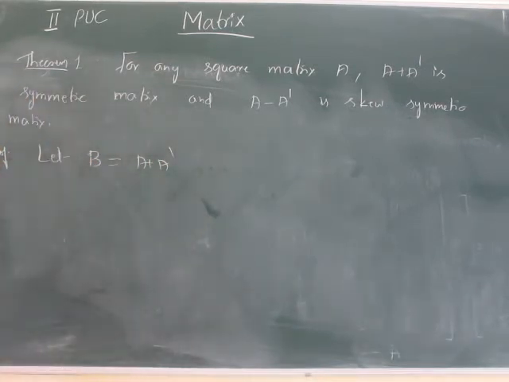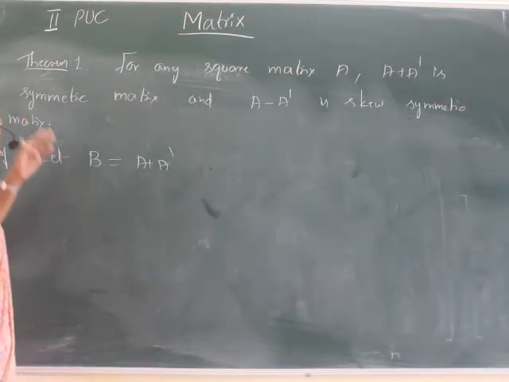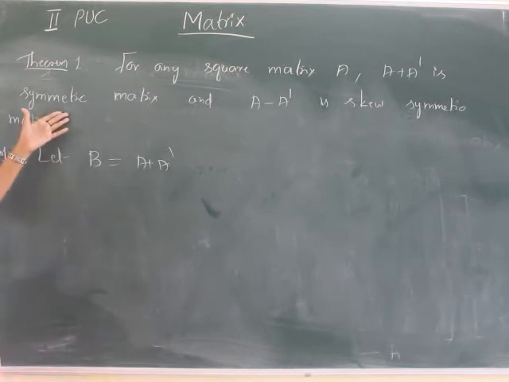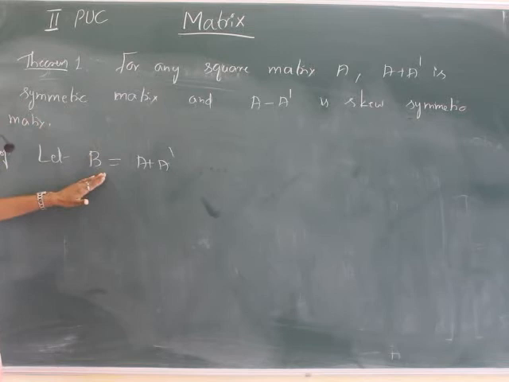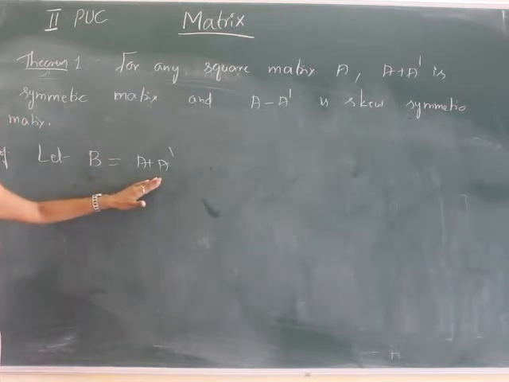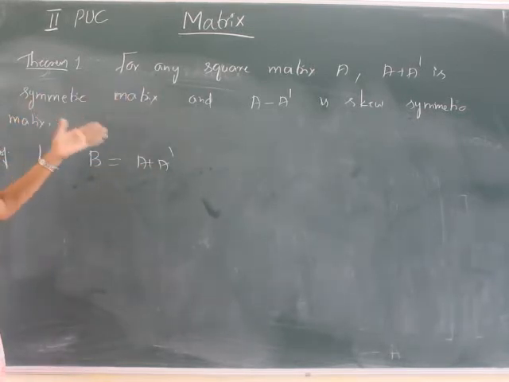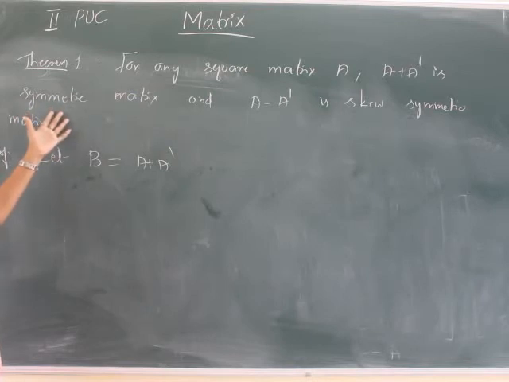To show it is a symmetric matrix, we have to get B transpose is equal to B.